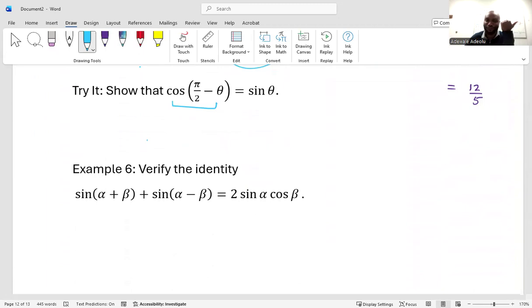Now you've seen this before when we studied cofunctions, that we say cosine of 30 degrees is the same as sine of 60 degrees. And we say, oh, it is just the same as saying sine of pi over 2 minus 30 degrees. That is what cosine of 30 degrees is.